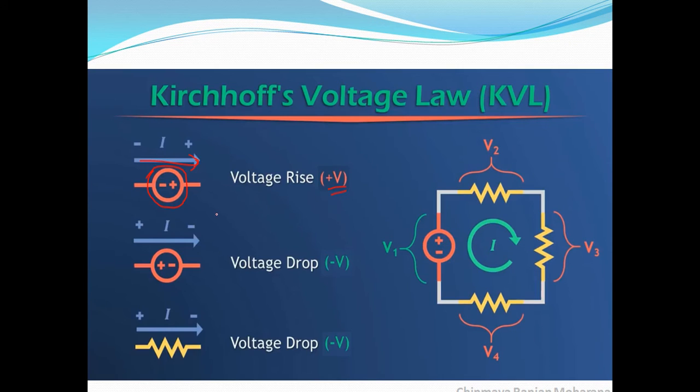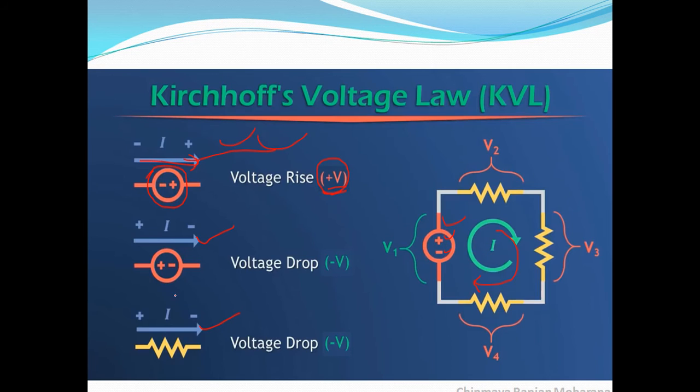If I connect a voltage source in a circuit, and consider a loop here, my reference is in this direction. This is the loop direction. If I find that this is the negative sign and this is the positive sign, then the resultant current will be positive.